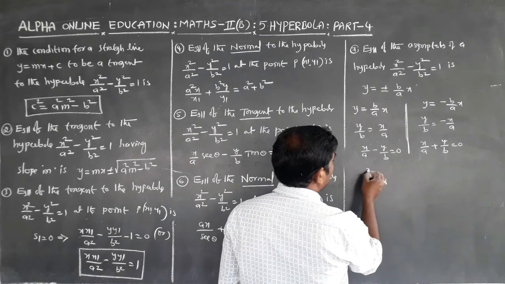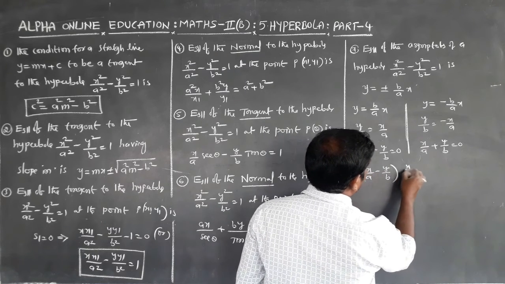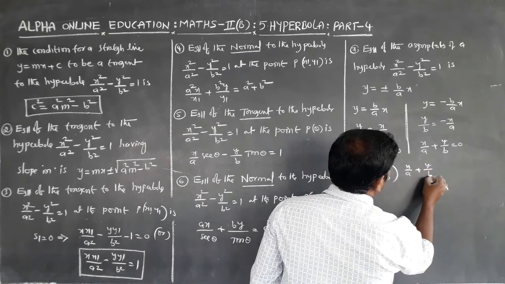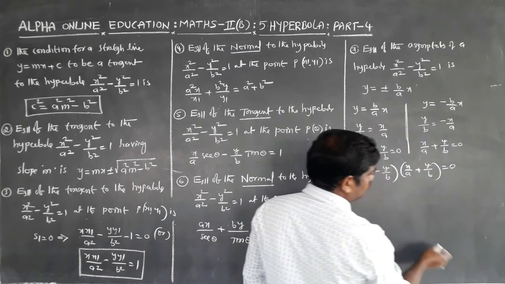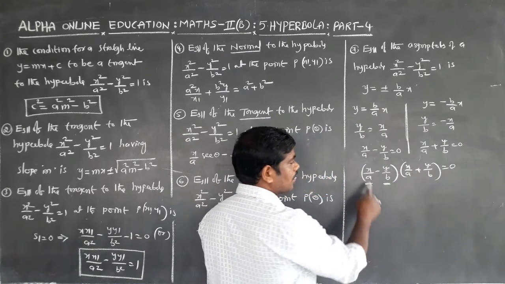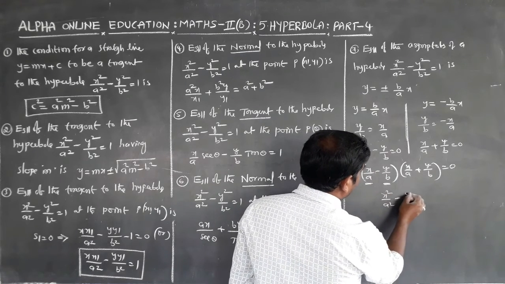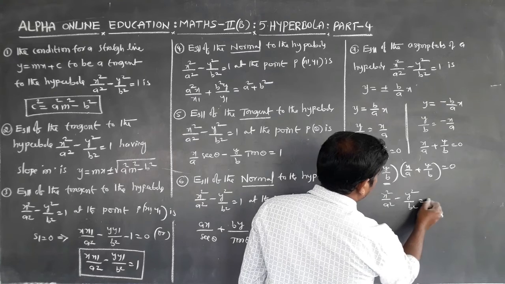The combined equation is x by a minus y by b into x by a plus y by b equal to 0. Let x by a be a and y by b be b: a minus b into a plus b equal to a square minus b square.